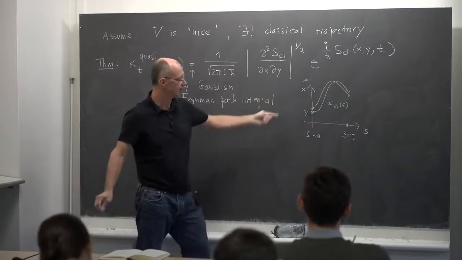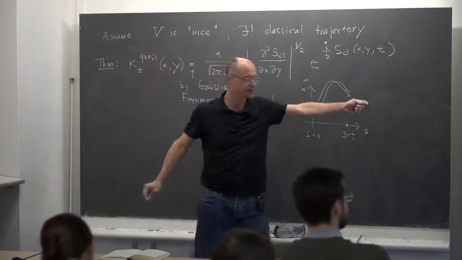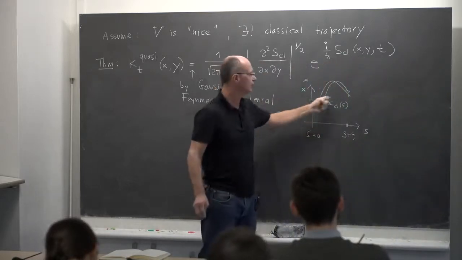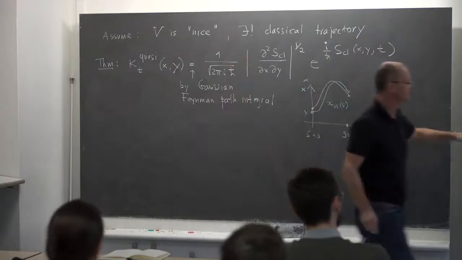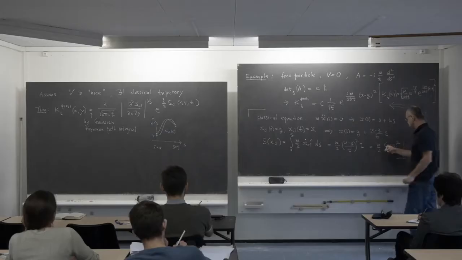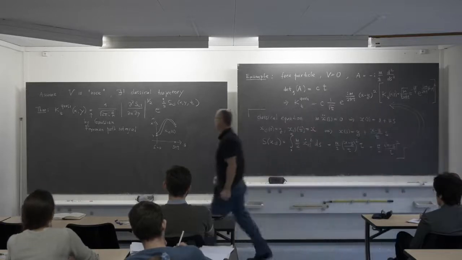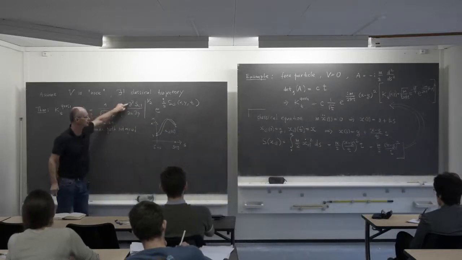On that classical trajectory, there will again be a classical action. So this classical action is a priori a non-trivial function of x, y, and t, similar to this expression, right? So this expression here is a function of x, y, and t, and so this prefactor.